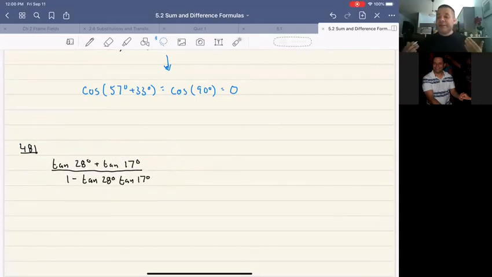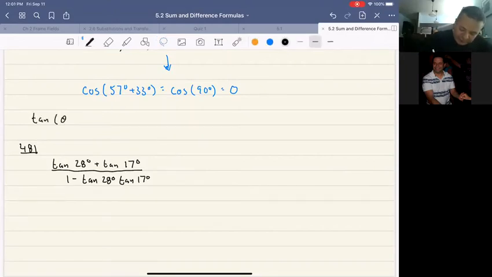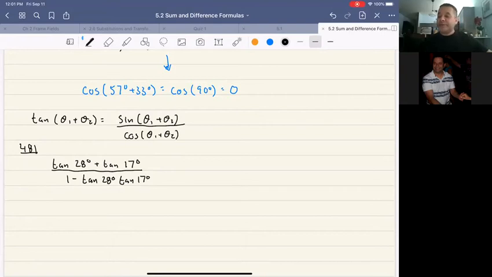So let's take just additions. Tangent of theta 1 plus theta 2 is, remember, sine over cosine. Remember the sine and cosine addition formulas.